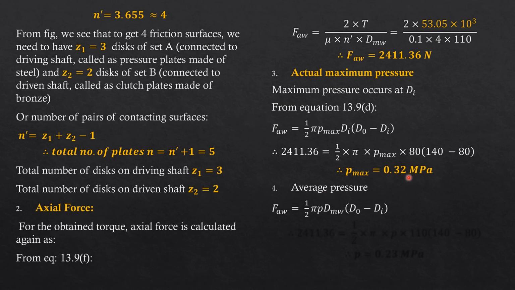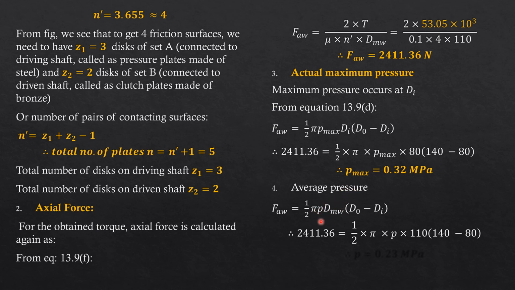Right. Now the last factor which they have asked us to calculate is average pressure. Now average pressure also can be obtained from the same formula, but instead of the inner diameter di, we will substitute the mean diameter. Since we need average pressure, you will substitute the average diameter here, right?